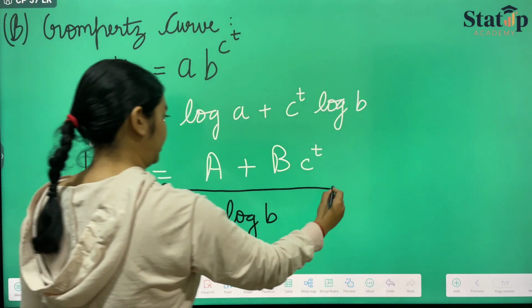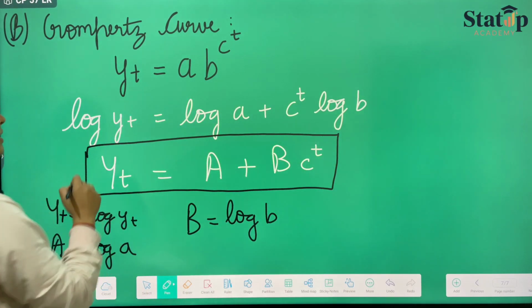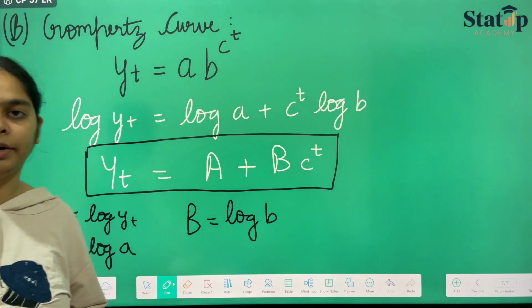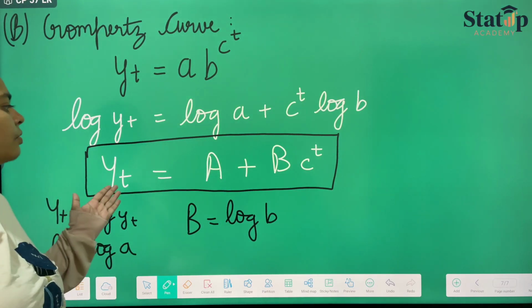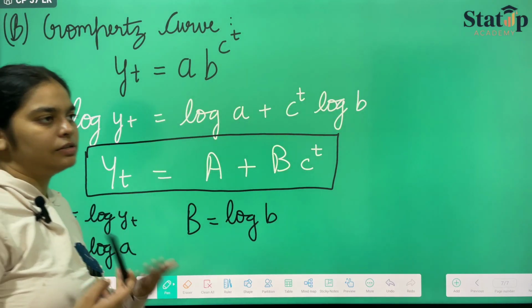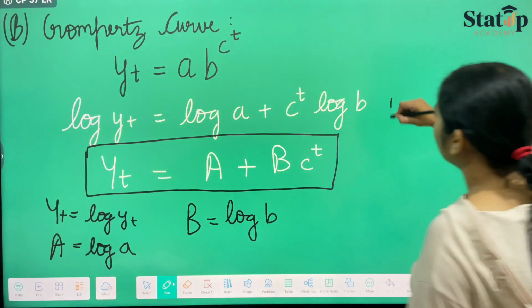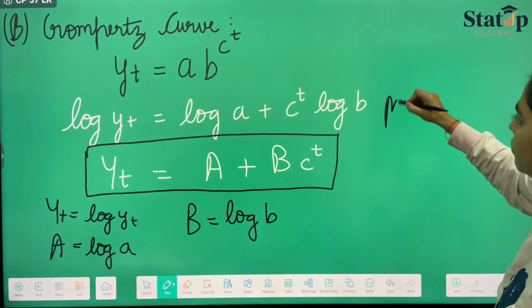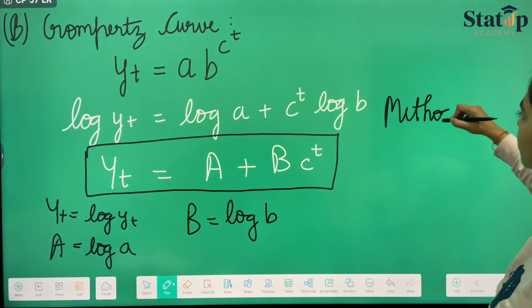If we see this clearly, then this is an equation of again our modified exponential curve. So y_t is equal to a plus b c raised to the power t, and we'll solve this as well with the method of three selected points.